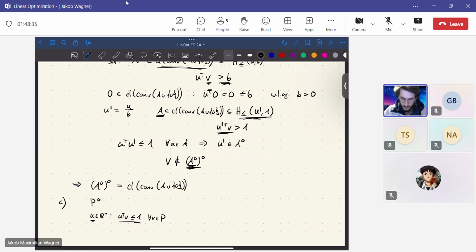And so this set is contained in the set where we reduce this number of inequalities to just those that are given as the points in this description of the convex hull. So this is contained in the set of all U in Rn, where we only have that U transpose Vi is less or equal to 1 for all I from 1 through M, because we just select a few points from this P.